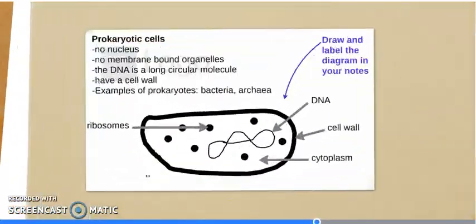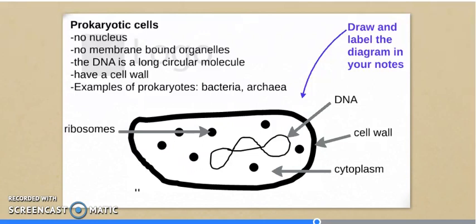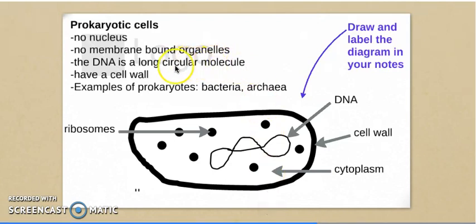So, prokaryotic cells, they don't have a nucleus. They have just an area where the DNA floats around in their body. There's no membrane-bound organelles. The DNA is a long circular molecule.